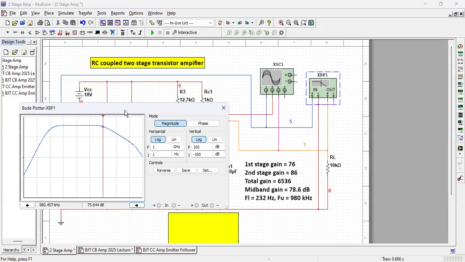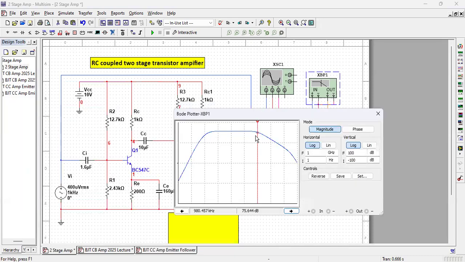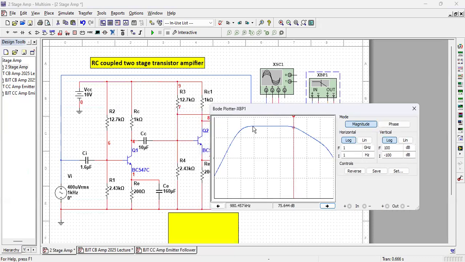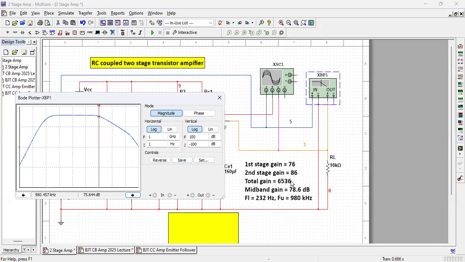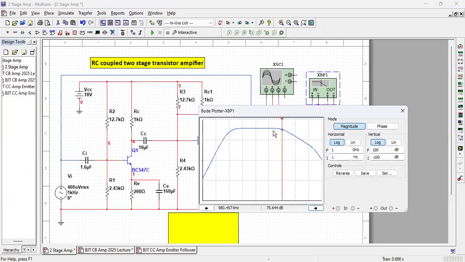That means the flat band, a frequency band in which the gain is what we measure. We have measured a gain of 6536, and this gain is in a narrower band than a single stage amplifier. I do not know whether you have learnt it in your circuit theory subject.